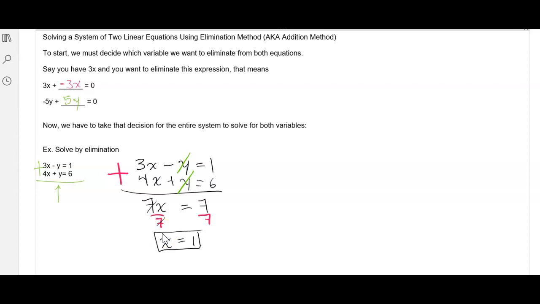I solved for my first variable, so the question is, you could go back to any original equation. I like maybe the first one, it's okay.